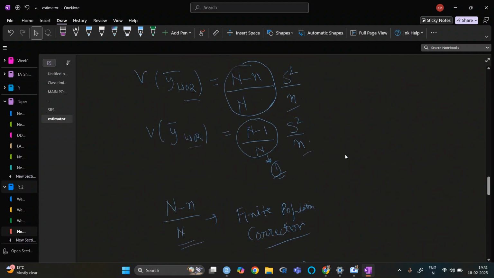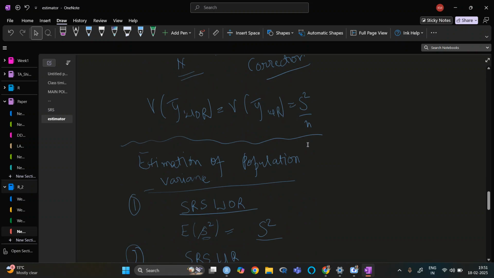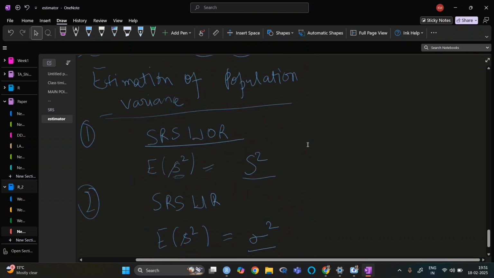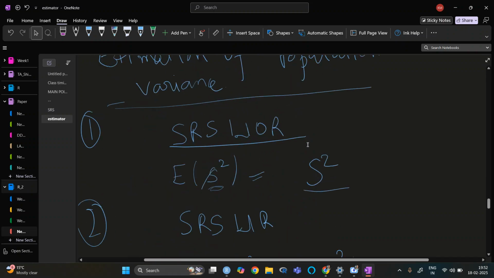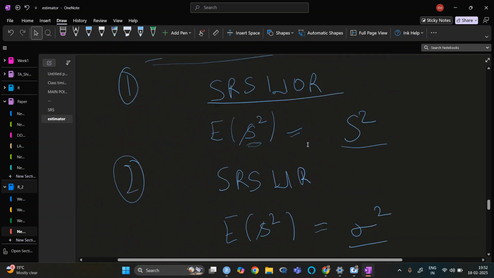After that, we have seen that if the population size is large enough, then it really doesn't matter whether we are taking without replacement or with replacement. Then its variance will be capital S square by n. After that, we have seen the estimation of population variance is different.